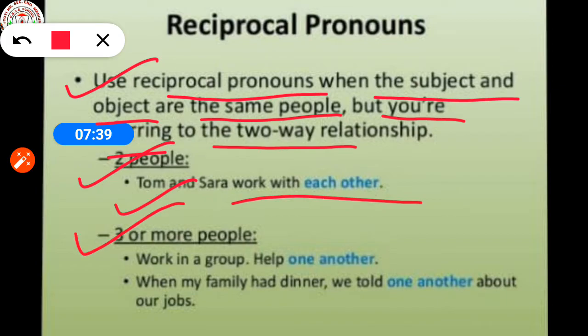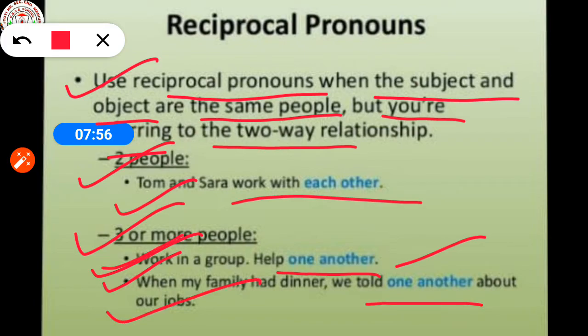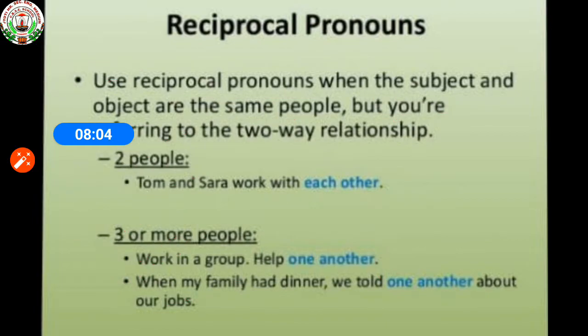And when three or more people are there, see the example, work in a group, help one another. At that time we use one another. When my family had dinner, we told one another about our jobs. So when three or more people are there, one another we can use, and when two people are there, we just use each other.